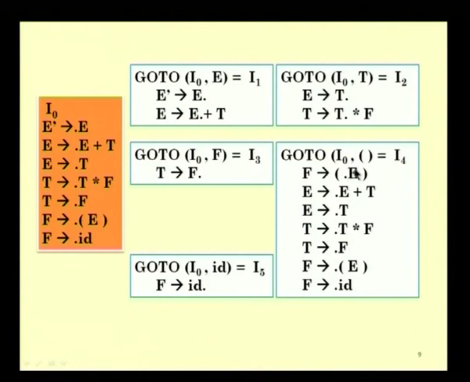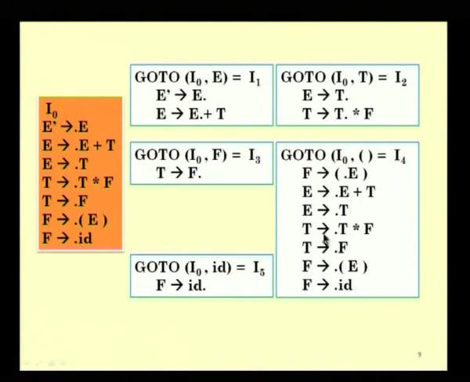Since we are having two productions for E, the two items are written here: E derives dot E plus T and E derives dot T, with a dot on the extreme left hand. Now the closure of E derives dot E plus T is already existing there, so no more addition. The closure of E derives dot T says that two more items are going to be introduced.